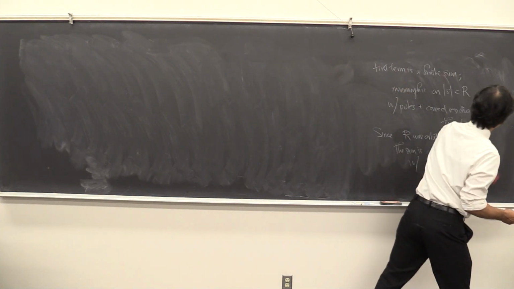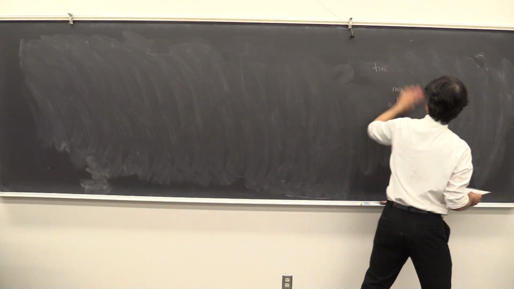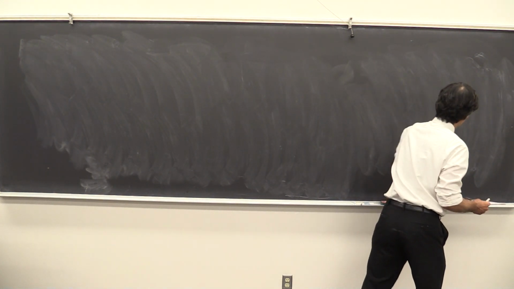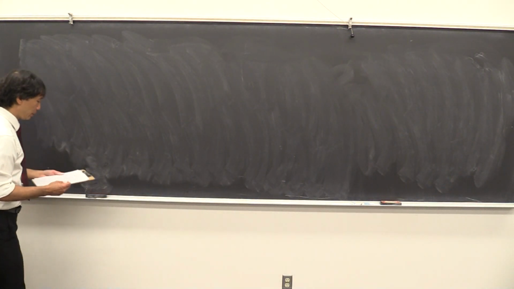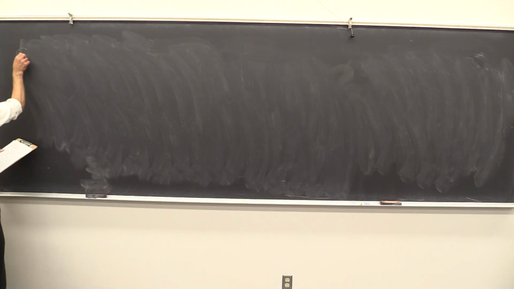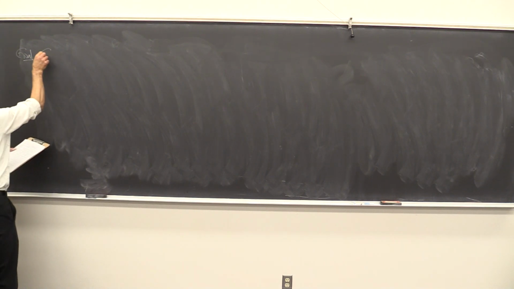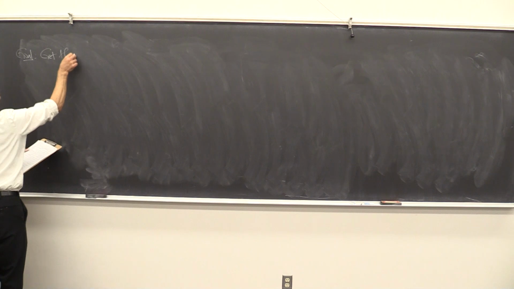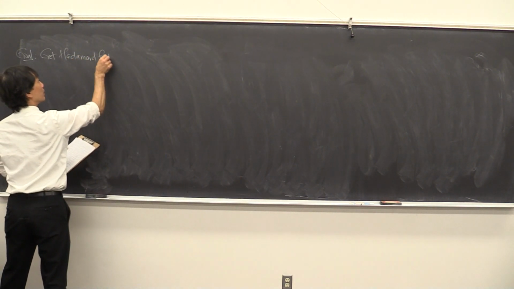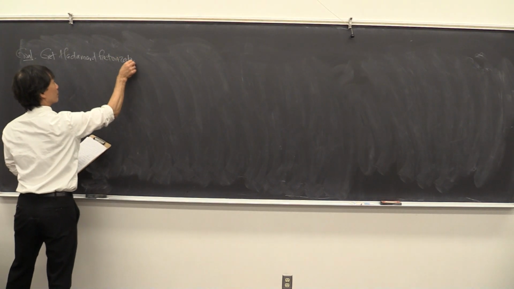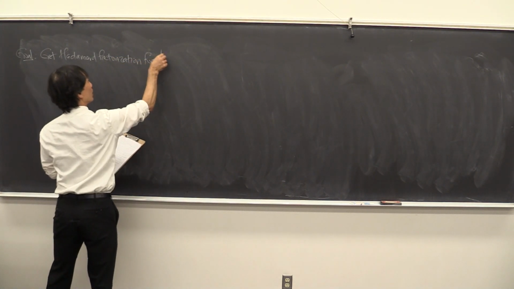I'm not sure if we'll make it, but we'll try and get there. Okay. So our goal basically right now is to get the Hadamard factorization for 1 over gamma.